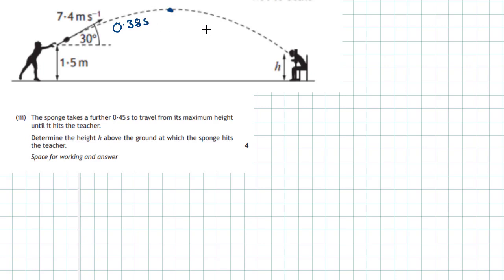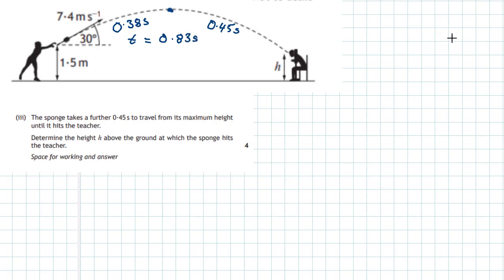And we're told in this question that it's going to take a further 0.45 seconds to strike the teacher. So the total time from the moment it's launched until it strikes the teacher is going to be 0.38 seconds plus 0.45 seconds, which has got to be 0.83 seconds.